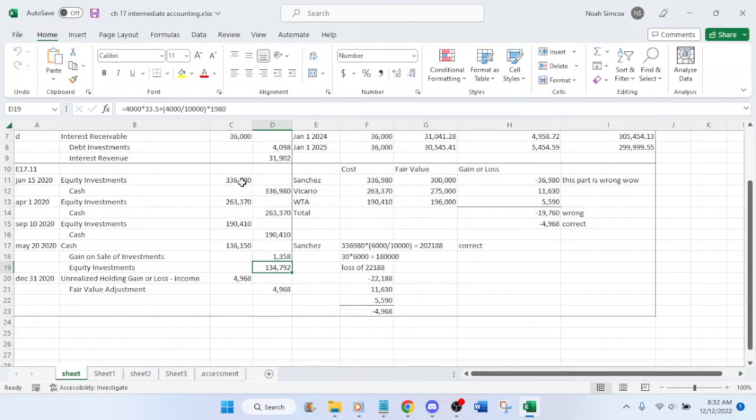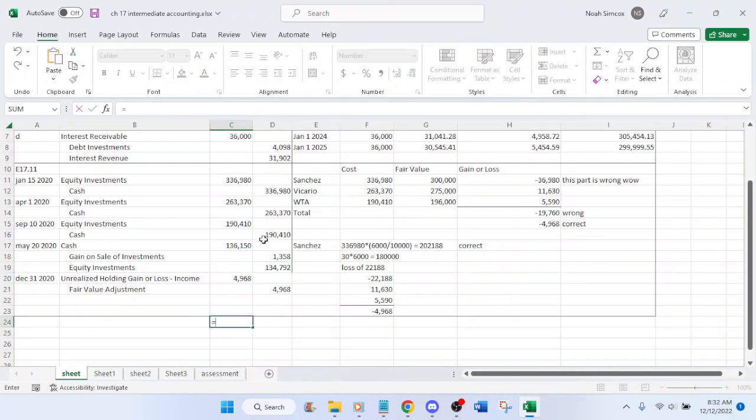Then you do this minus this to get this number, although you could just do this multiplied by 600 divided by 10,000. Let's see if you get the same answer either way. Yeah, same answer either way, but you have your new carrying amount, which is the reason I got it wrong originally. I forgot the fact that I sold 4,000 shares.